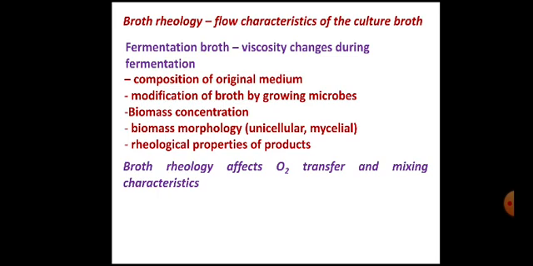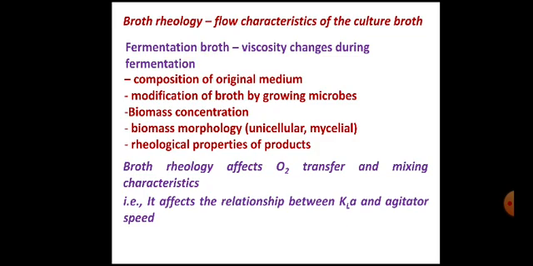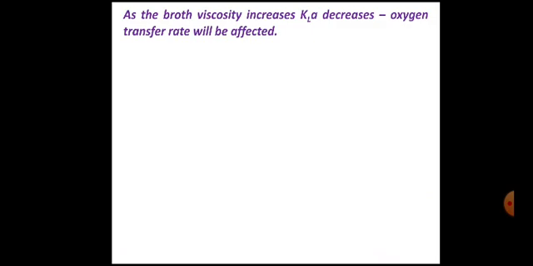Therefore, it is highly essential. As we have learned, broth rheology affects oxygen transfer and mixing characteristics. So it affects the relationship of KLA. Finally, what does it mean? It affects oxygen transfer and mixing characteristics, which means it is going to affect KLA, that is the aeration capacity of the fermenter, and it is going to affect the speed of agitation.